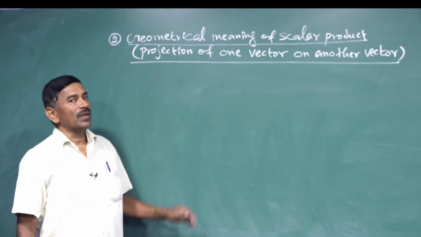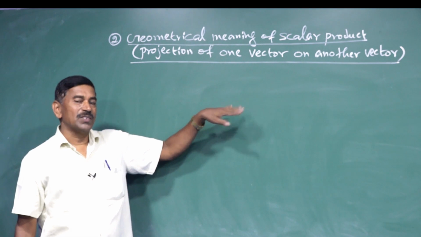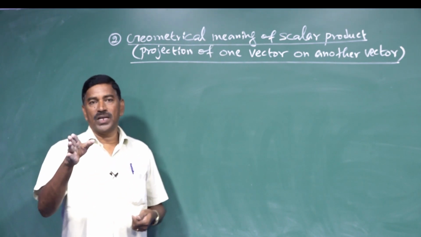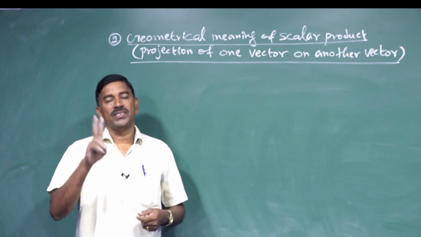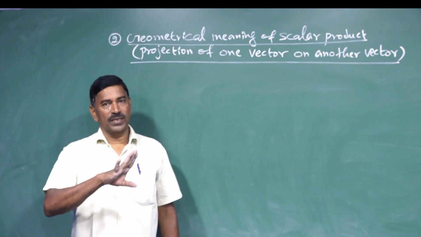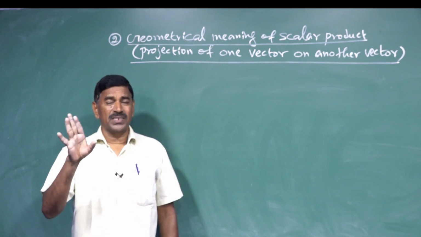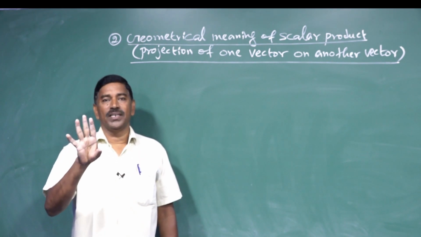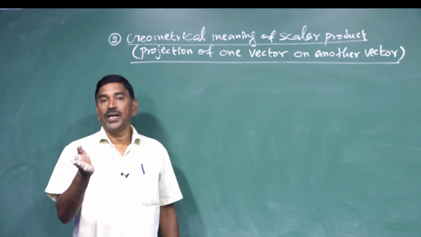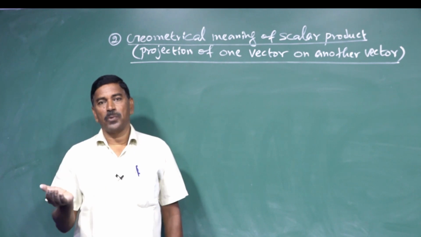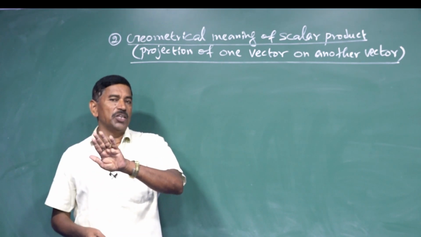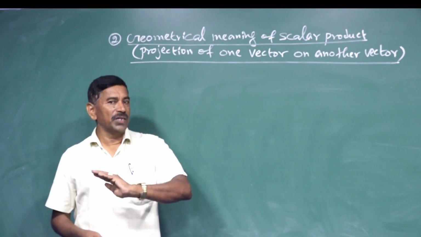Children, listen, the product of vectors is of two types. First is scalar product or dot product. Second is vector product or cross product. Product of real numbers has no type, that is just a product. But for vectors there are two types. Scalar product gives a scalar answer, vector product gives a vector answer.